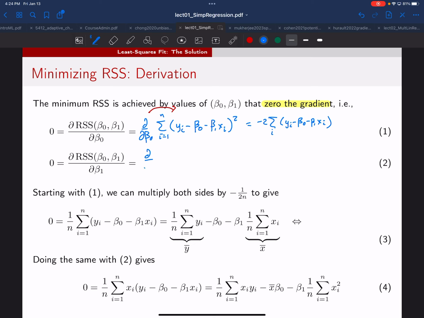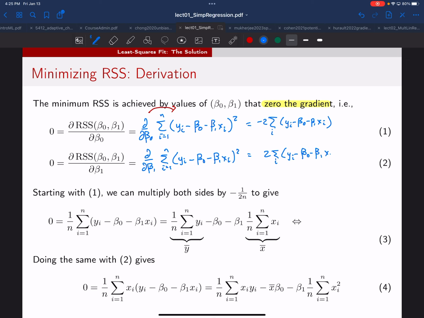So let's do it for the second equation. So now we have d beta 1. We have the same RSS expression as above. And so we have the same chain rule approach. So we need to take the partial derivative of this quadratic with respect to beta 1. And that's going to be 2 times this interior part times the gradient of this with respect to beta 1. So let's write all the simple stuff first, just like we did above.